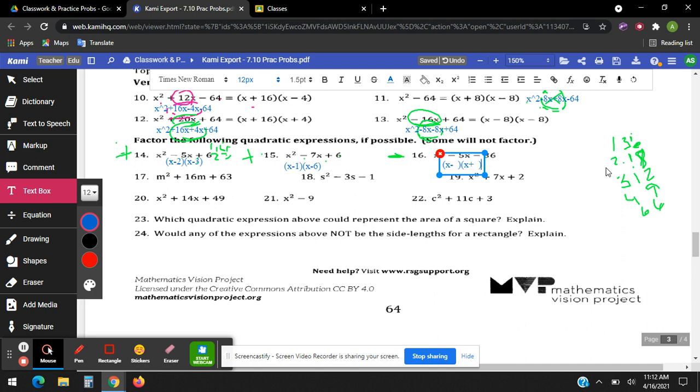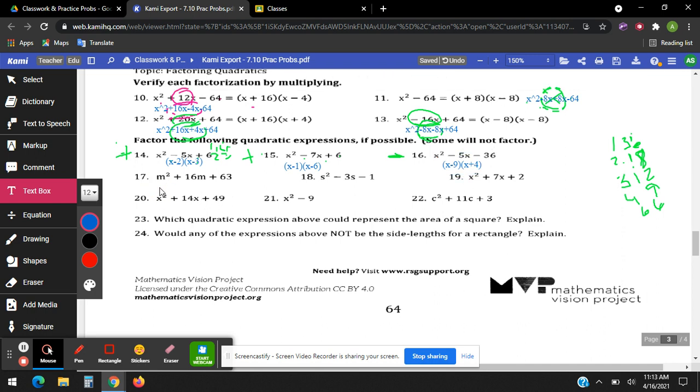Now I need to subtract these to get 5. Well, 9 and 4 subtract to get 5, and I need a negative, so the -9 has to go here, and the +4 has to go here. So -9 plus 4 is -5, 4 times -9 is -36.